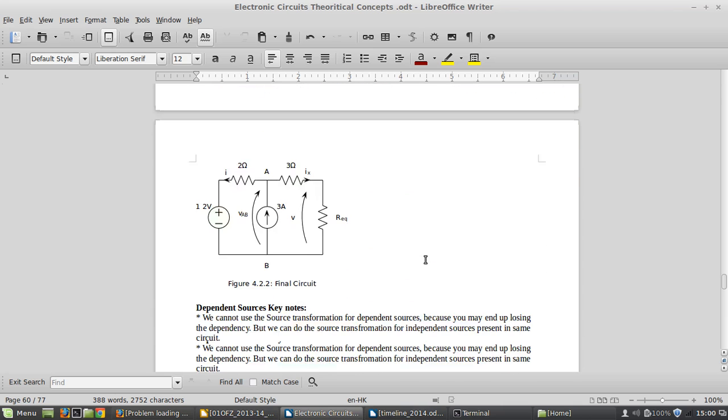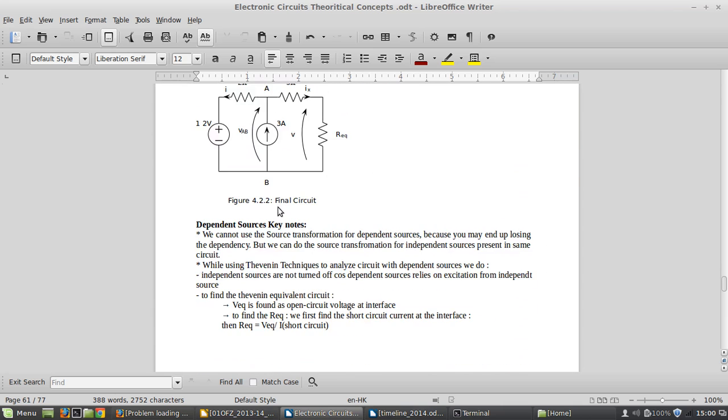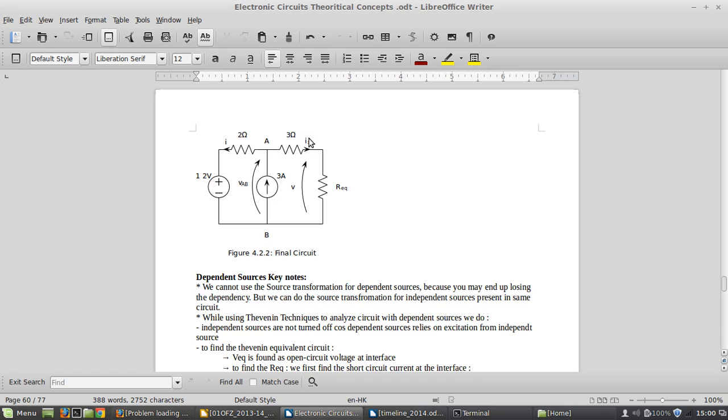Then substitute the bipole with the equivalent circuit. You can check out the figure just down below here, 4.2.2. And lastly we calculate VAB. You can check out, guys, VAB will be this one, and I substituted the Thevenin equivalent circuit here, that is V and R equivalent.